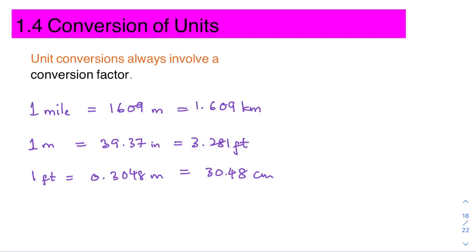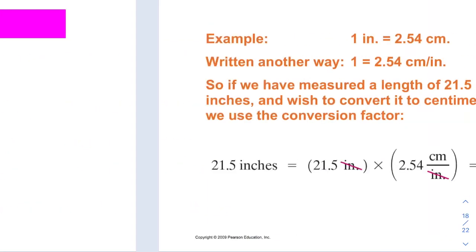If the length is measured in terms of inch, so 1 inch is equivalent to 0.0254 meter, equivalent to 2.54 centimeter exactly. And then how to convert it?